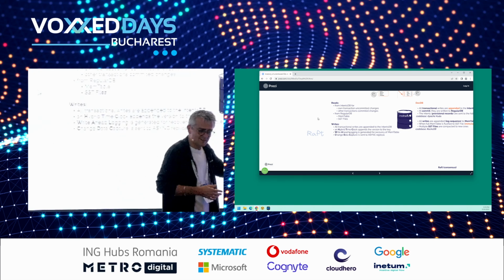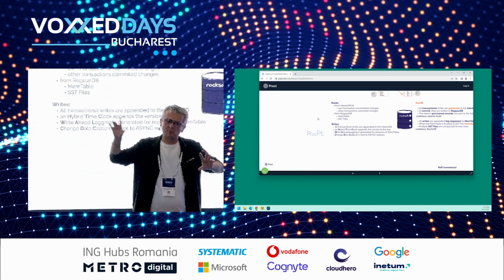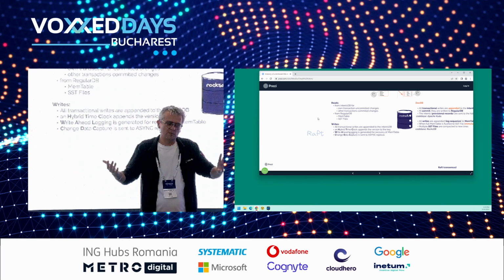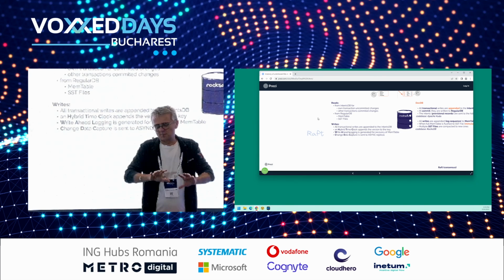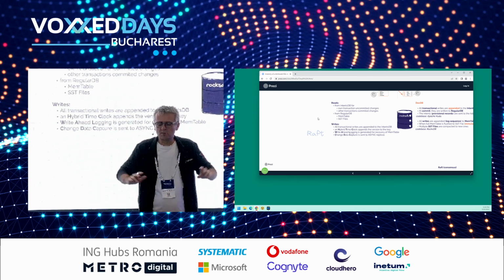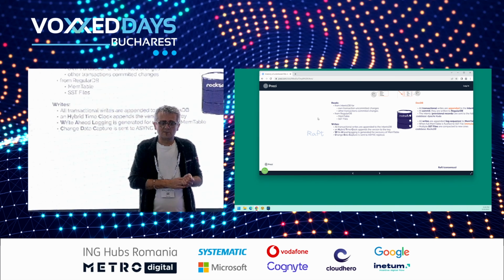On top of that, between two clusters, we have the possibility to do asynchronous replication, using the same logs. For example, you use that if you have regions that are really far apart and want to do disaster recovery with that. But also, there are many companies with two data centers on premises.